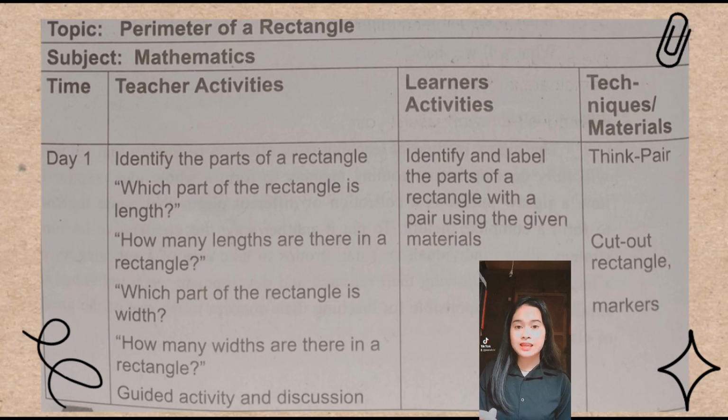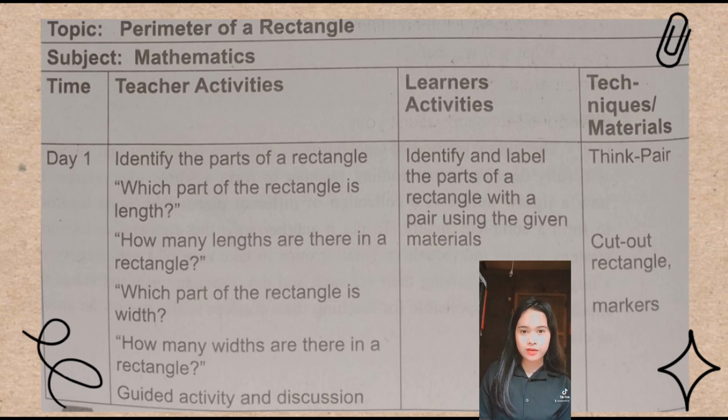So in day 1, the teacher's activity is to identify the parts of a rectangle. How many lengths are there in a rectangle? Which part of the rectangle is the width? How many widths are there in a rectangle? So it is guided by activity and discussion.